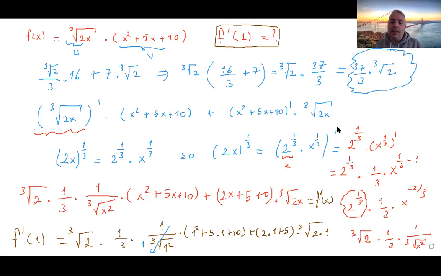That's it. Now let me solve one more question for the division. So let me choose a simple one, not so complicated. F of x is equal to, let's say, x squared plus 2x plus 5 divided by x cubed plus 2.